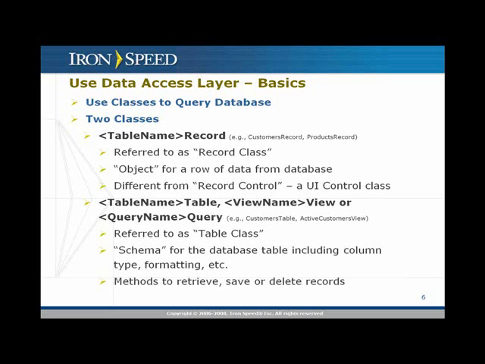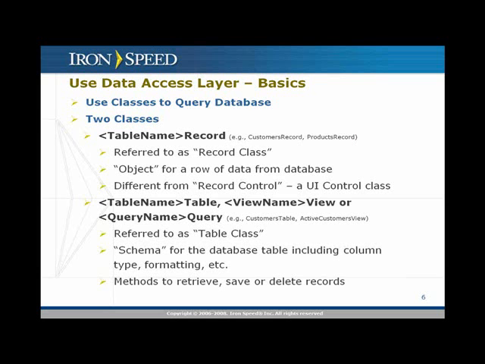Or in the case of a table control, it is the table control panel that is displayed on the page. So we will refer to things as record class and table class when we refer to the data access. We will refer to things as record control class or table control class when we refer to them as controls, user interface controls on a web page.